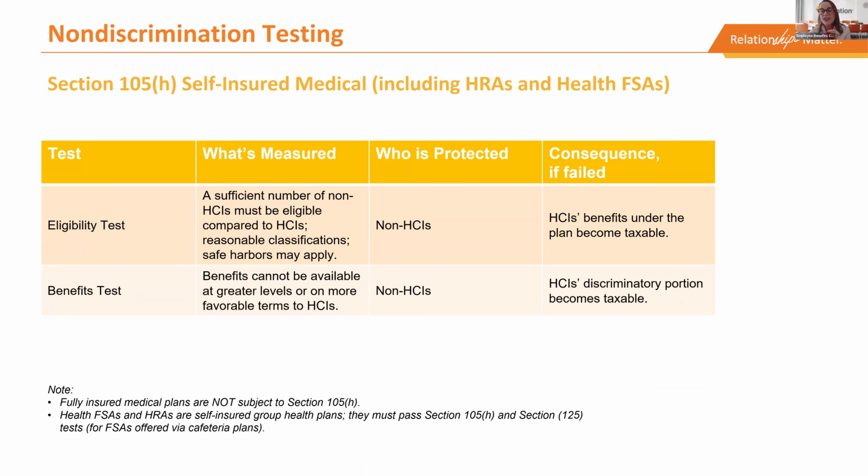So if you have employees that work in San Francisco, and you as a business are required to be licensed to do business in the state of California, and you've established your own HRA to satisfy the provisions of the Healthcare Security Act for San Francisco, then you need to make sure that you're doing the testing and that the benefit is correct.